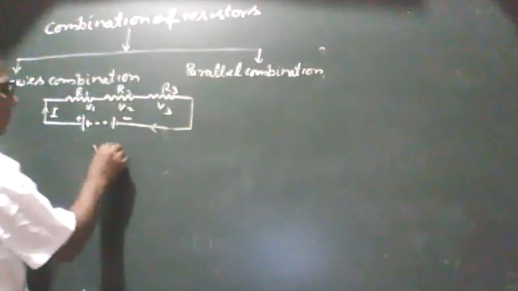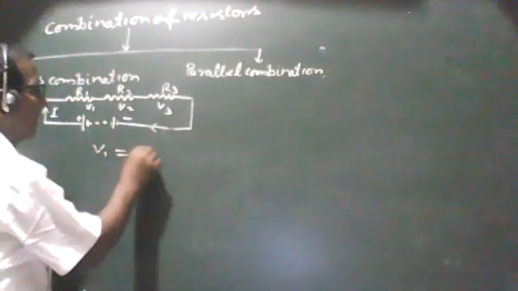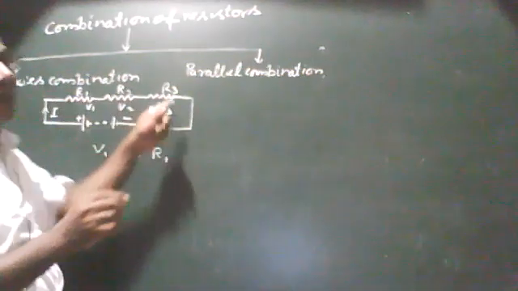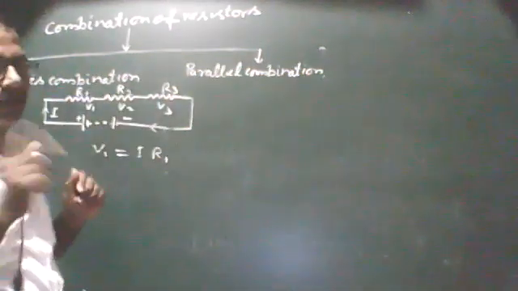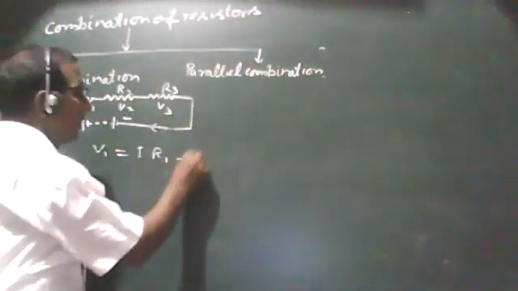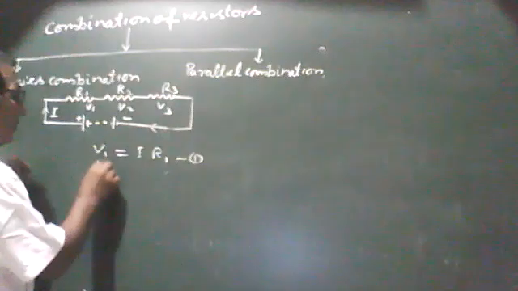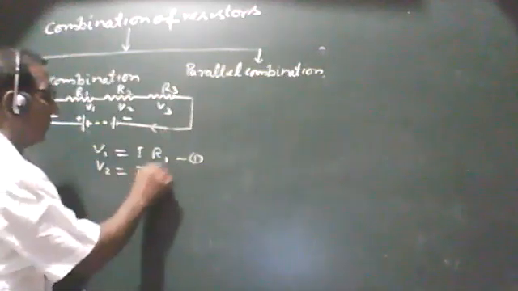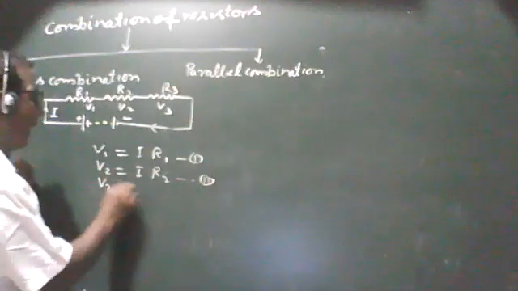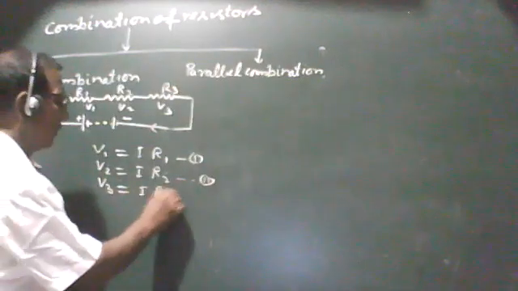V1 is equal to I1 into R1, but I1, I2, I3 are I only. That's why we can write V1 is equal to IR1. This is equation first. V2 is equal to IR2, equation second. V3 is equal to IR3, equation third.